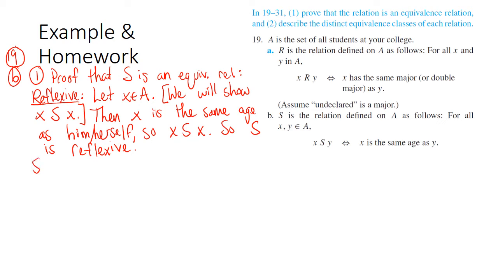Let's do symmetric. I think this one is equally not very hard. So let x and y be elements of A, so they are students at Susquehanna.